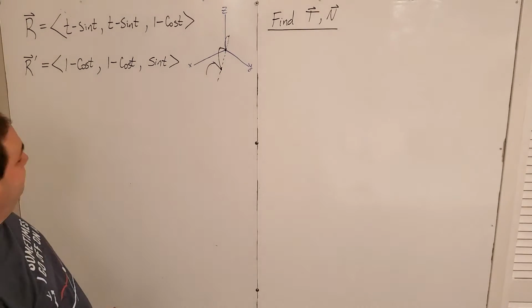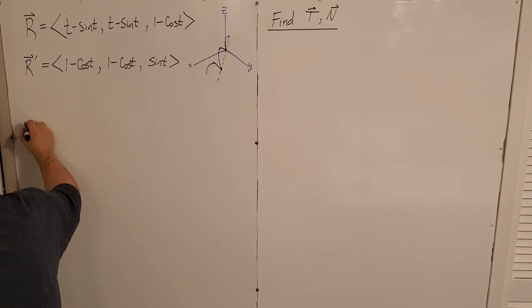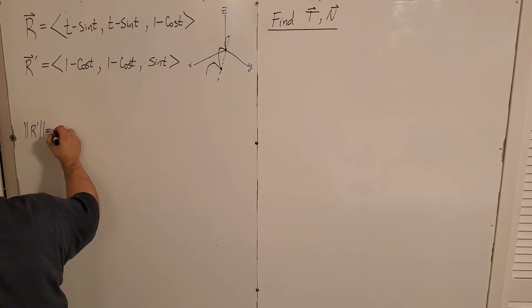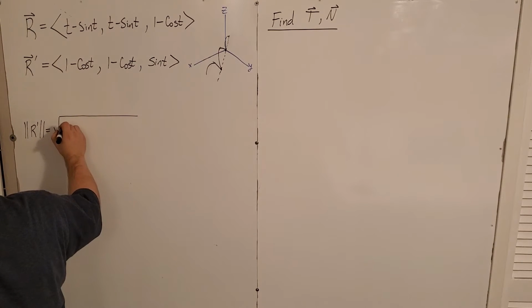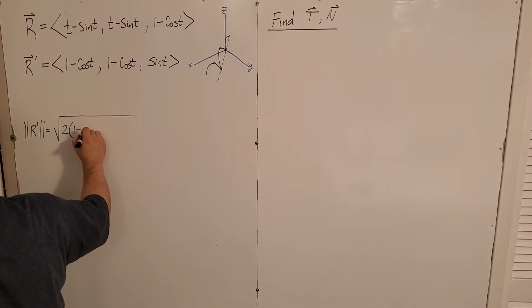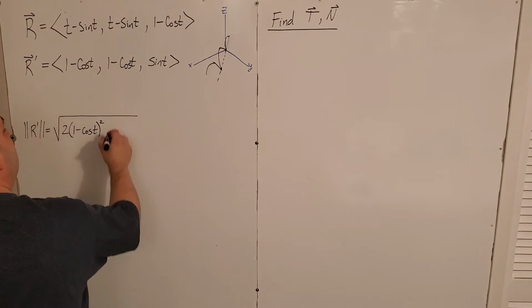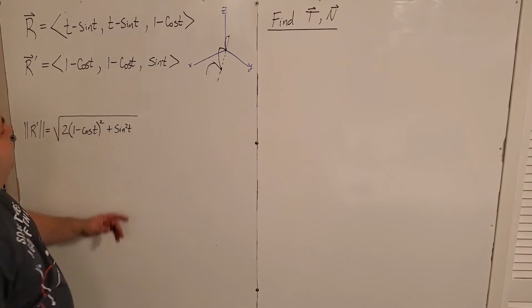Okay, let's do the length, the magnitude of my vector here. So I have the square root. These two are the same thing. So I've got 2 of these (1 minus cosine t) squares, and I've got plus sine squared there, right?